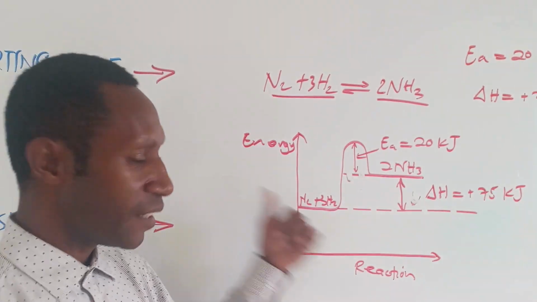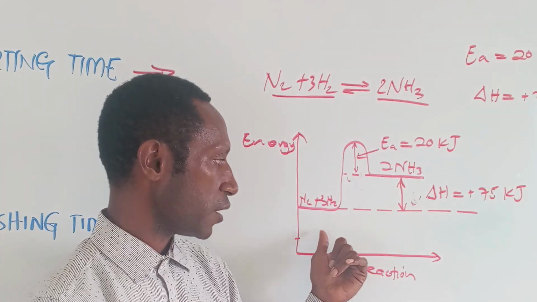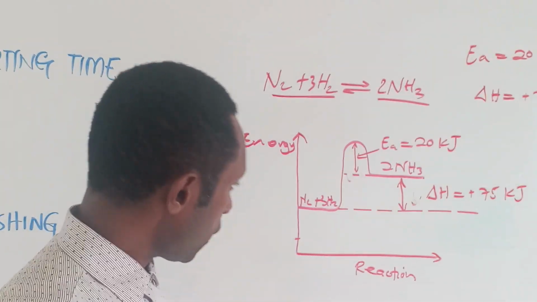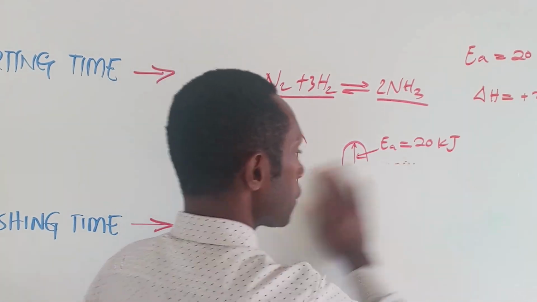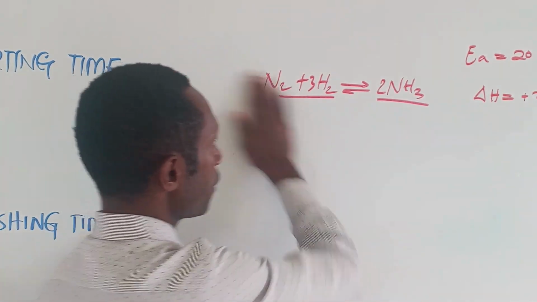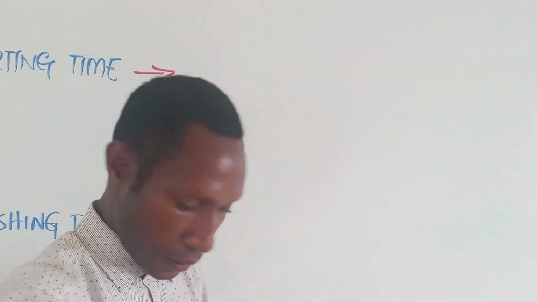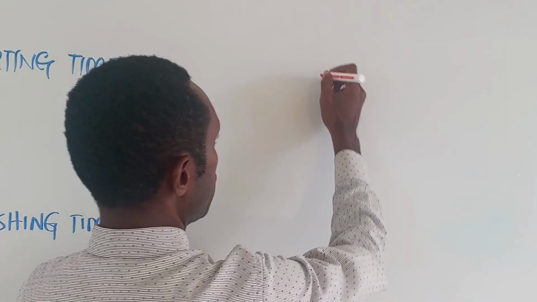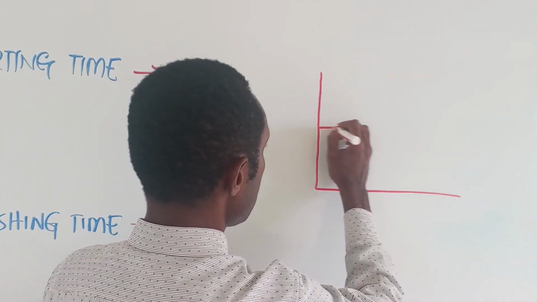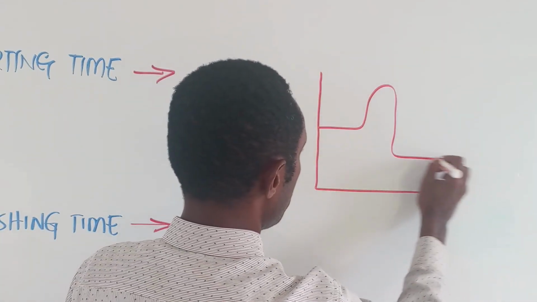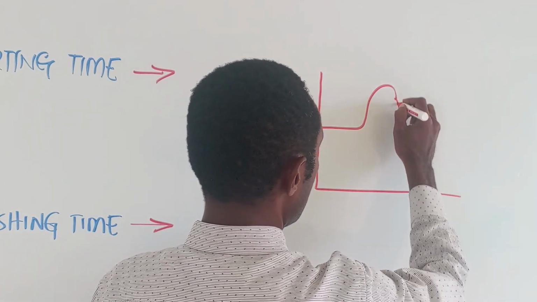So that's one way they will set a question. And the last way normally appears in multiple choice. It's like this. They will draw something like this. Let's say endothermic.